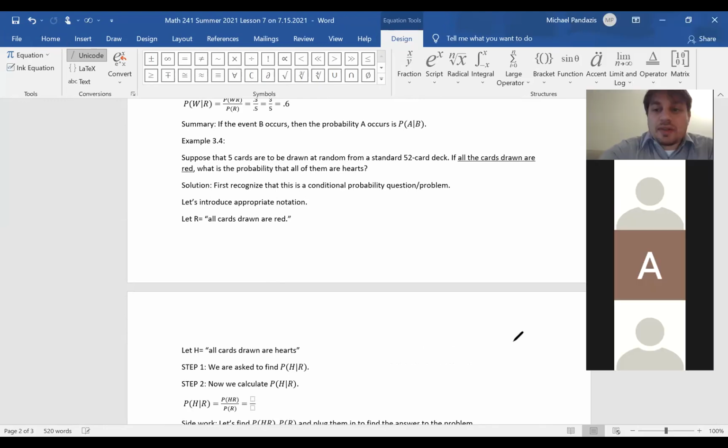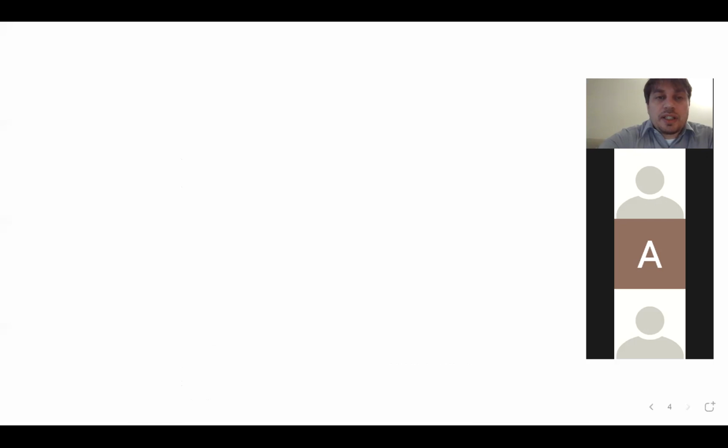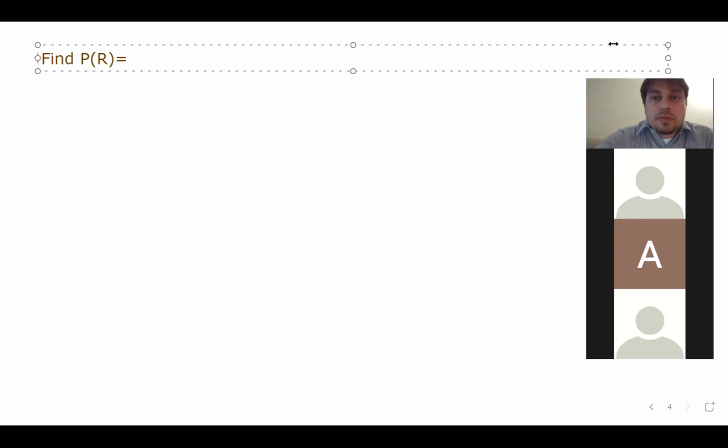So we want to find the probability of R, the probability that all 5 cards drawn are red, right?